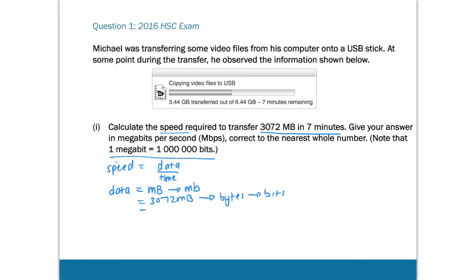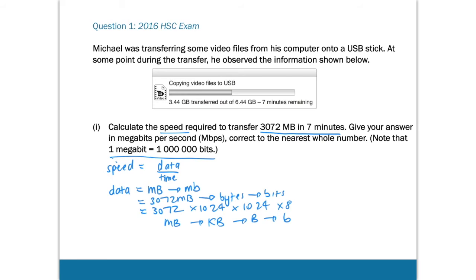So it would be 3,072 times by 1,024 times by 1,024 times by 8. So I just did megabytes to kilobytes to bytes to bits.